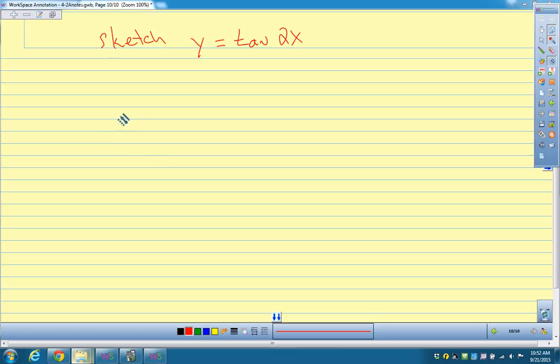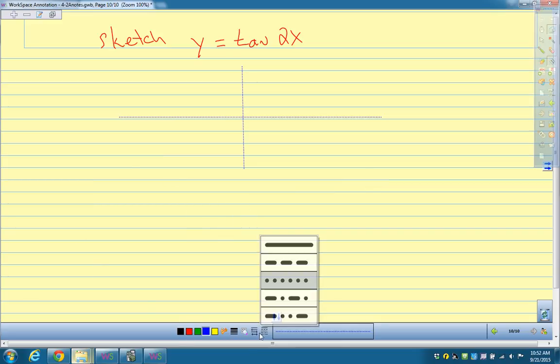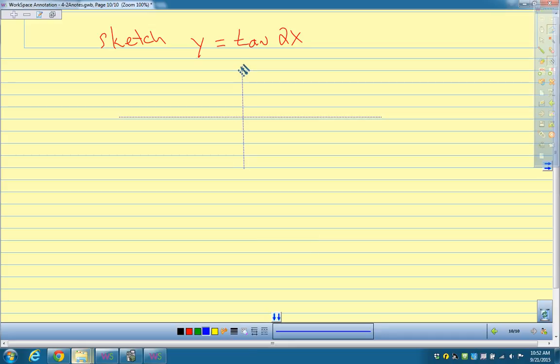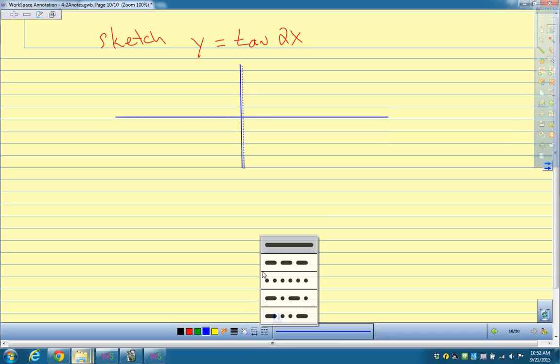So I would make the graph better. It shouldn't be a dotted line. That's okay. Let's make that solid. So I'm going to go over here. Up, x, y. Now I'm going to make dotted ones. Okay.